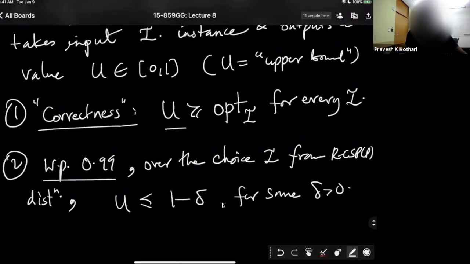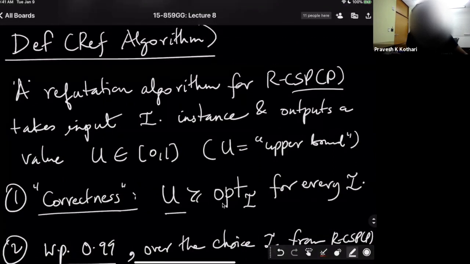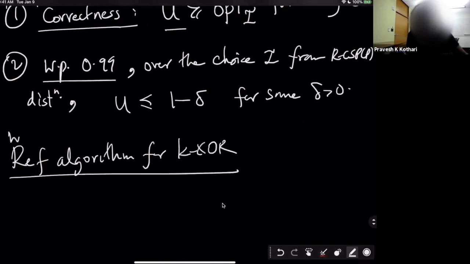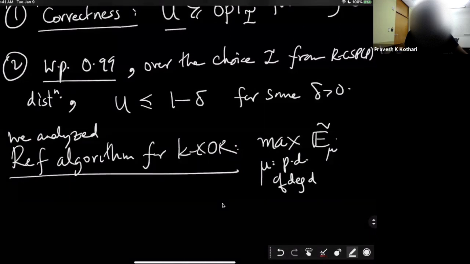good. So just so that you see why this is related to what we are doing, what's the refutation algorithm we analyzed for KXOR? It was simply: compute the max over all pseudo distributions of, let's say, degree D of the pseudo expectation of the val I polynomial, right?